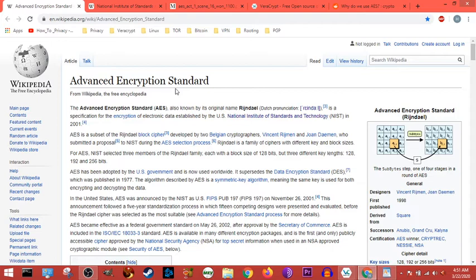Why is it the most widely used? Because it's so tested. Why is it so tested? Because everyone wants to hack it. Why does everyone want to hack it? Because so many people use it. Why do so many people use it? Because it's so trusted. So on and so forth. It's a big circle. So that's what Advanced Encryption Standard is.